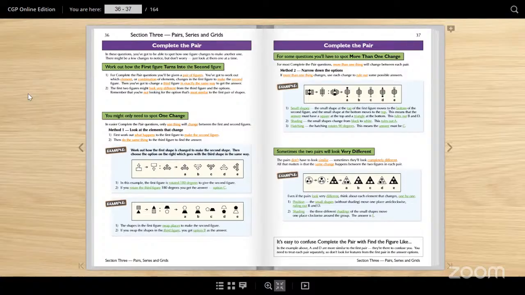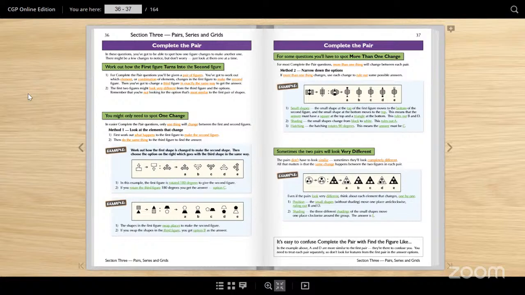In these questions, you've got to be able to spot how one figure changes to make another one. There might be a few changes to notice, but don't worry, just look at them one at a time. Work out how the first figure turns into the second. To complete the pair question, you'll be given a pair of figures.